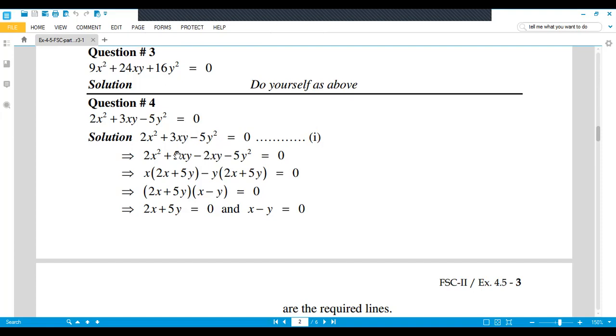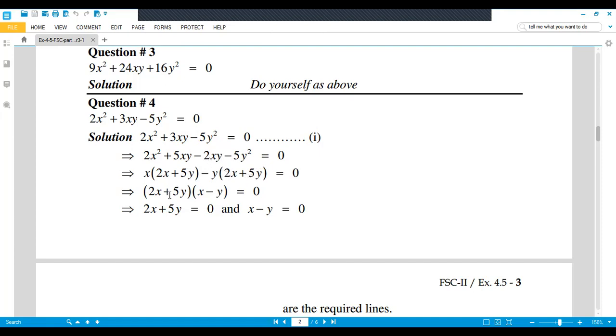So with the pq method you factorize it. 2x square plus 5xy minus 2xy minus 5y square. From the first two terms, if you check, x is common, so you take it common, and what you get? 2x plus 5y. And from the third and fourth terms, if you check, negative sign and y is common, so you take minus y common, you get 2x plus 5y.